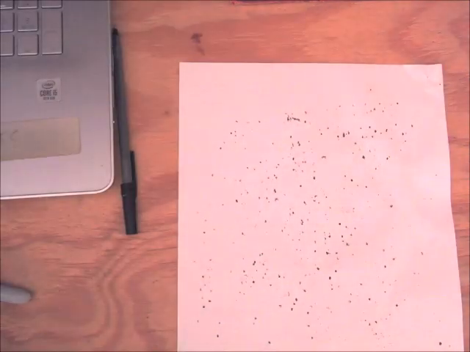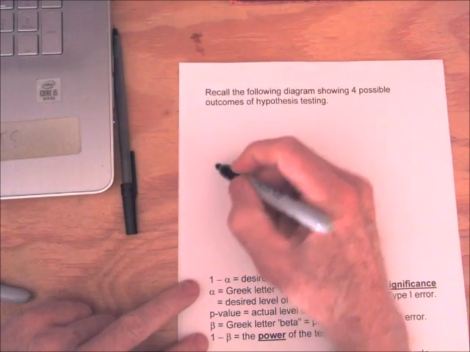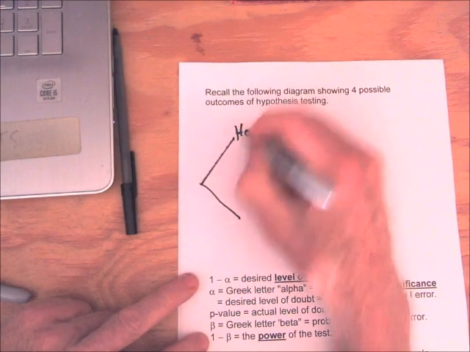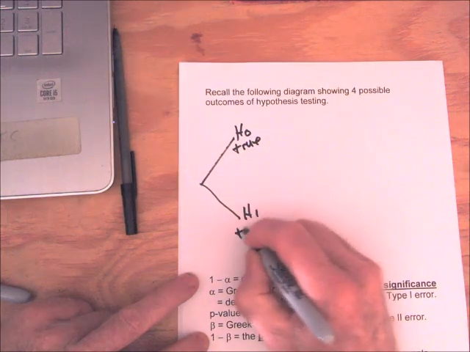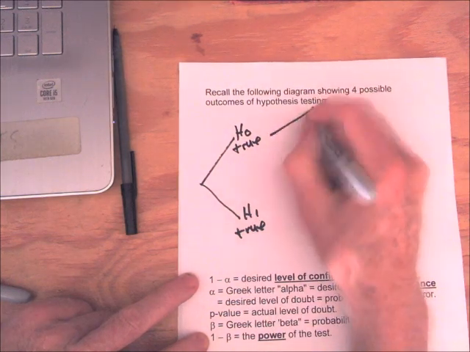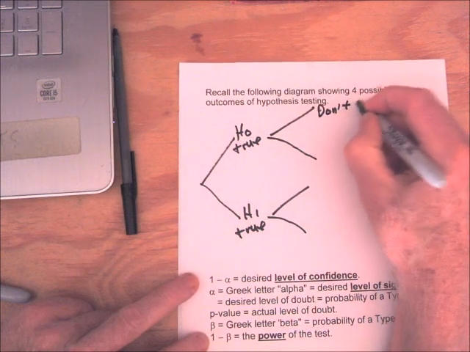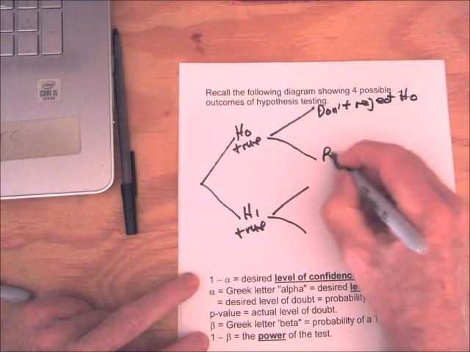And we can also make a diagram like we did for some of the other examples of the possible outcomes of hypothesis testing. Either H0 is true or H1 is true, and either we don't reject H0 or we reject H0.